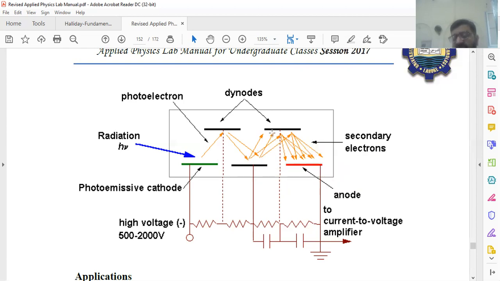So in steps, the electrons multiply at each stage. At the end of the circuit, we may get many times higher number of electrons than in the early process. That is why this circuit is known as the photomultiplier tube.